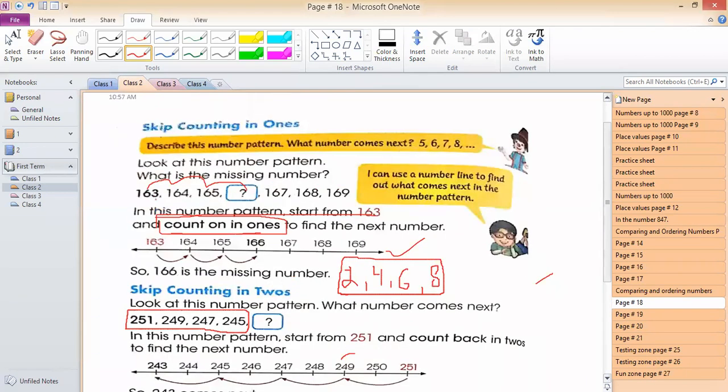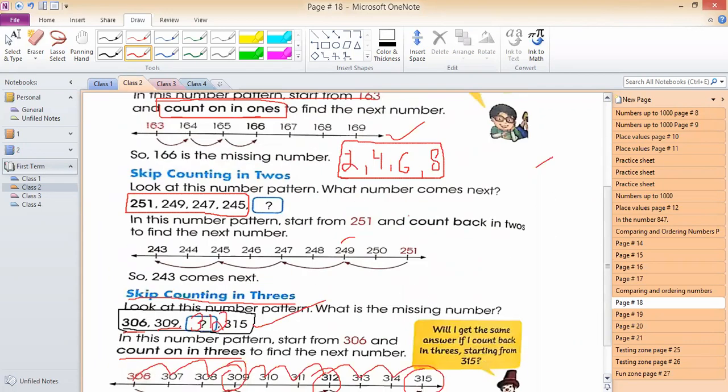Like here, 163, 164, 165. You are simply counting, moving from smallest to biggest. But if you are going back, like if it started from 8, then 6, then 4, you are going from biggest to smallest number. That means you are counting back.